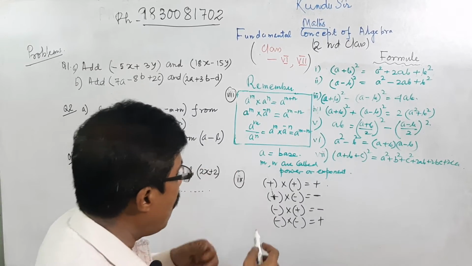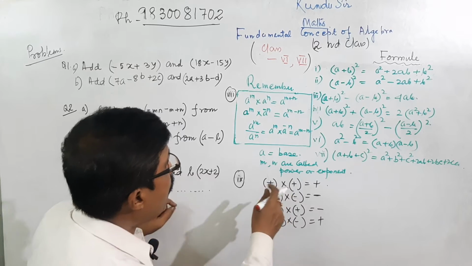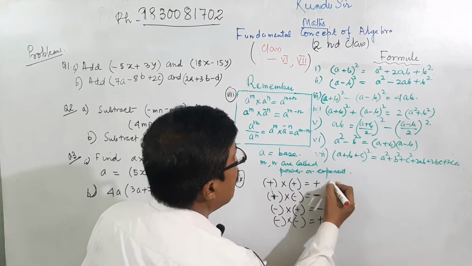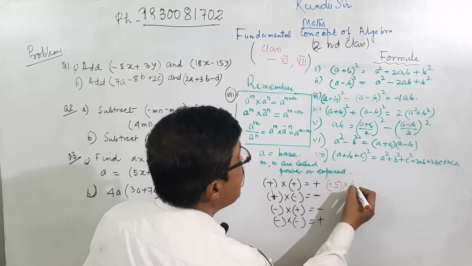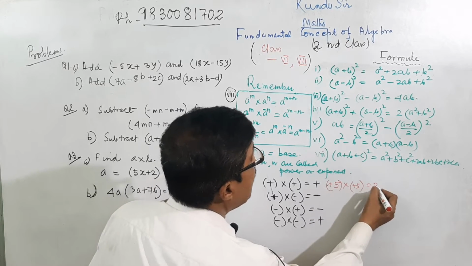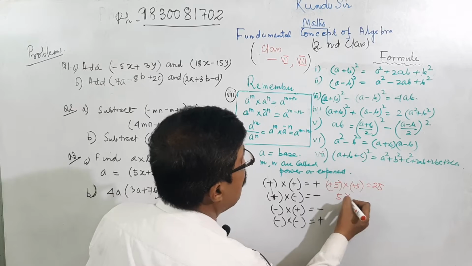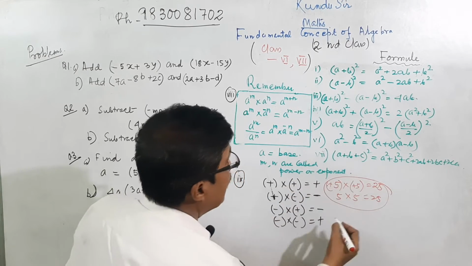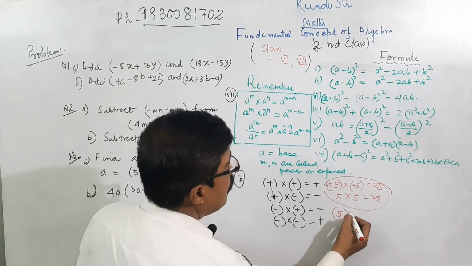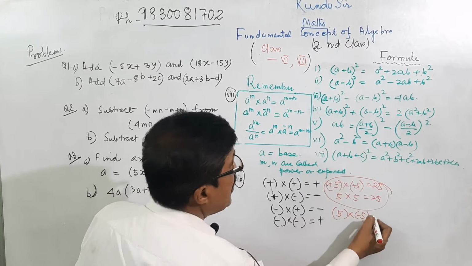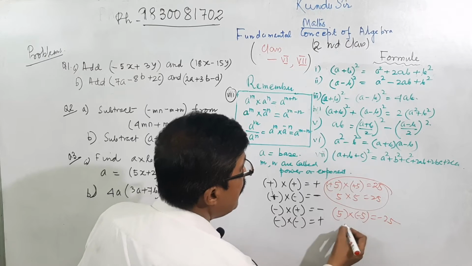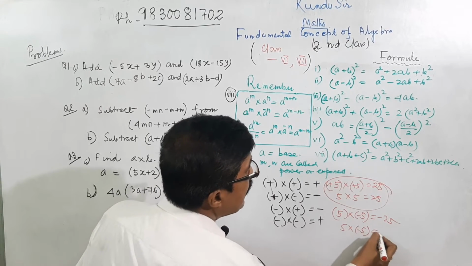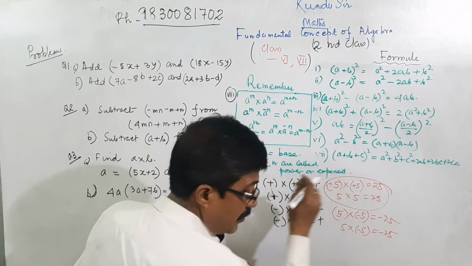Now I am once again writing plus into plus, that means 5 into 5 equals 25. Then 5 into minus 5 equals minus 25.